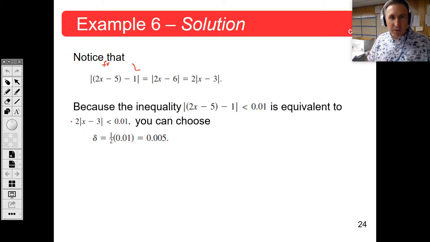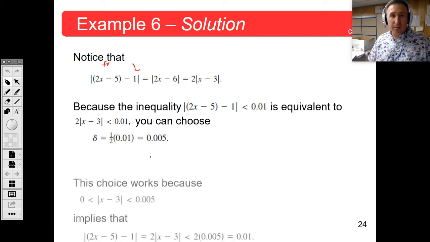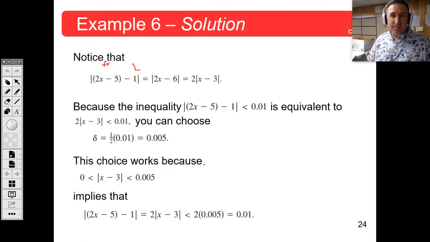Okay, so we divide by 2, there's the 1/2 times this, right? Multiply by half. And we get this delta. So we know that between 0.005 and 0, we're going to have a delta that gets us to where we want to be.